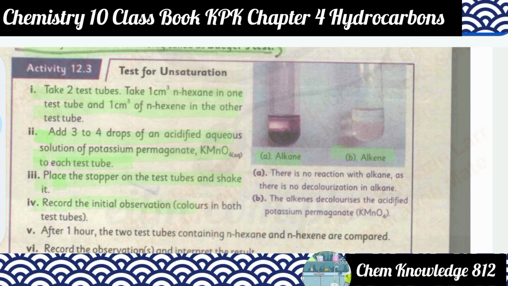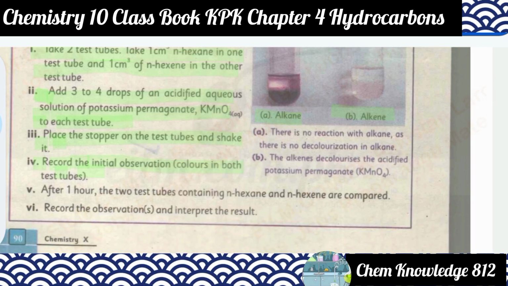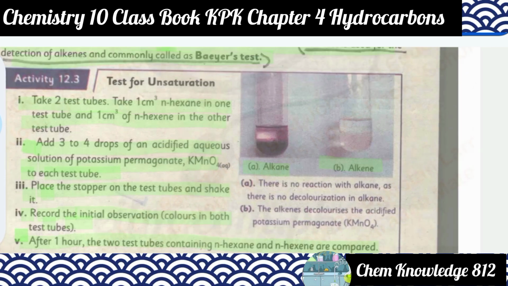Record the initial observations of color in both test tubes. After 1 hour, the two test tubes containing n-hexane and n-hexene are compared. Record the observations and interpret the result.